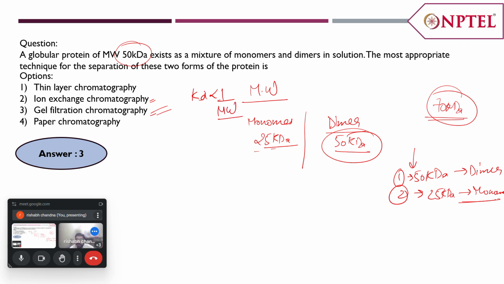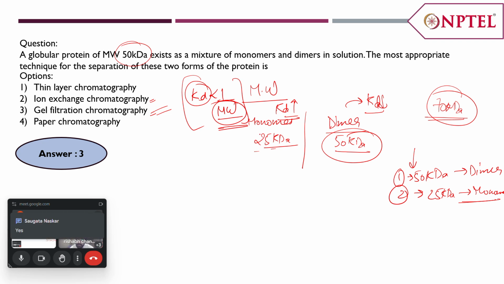So whenever the KD value is less, that means the molecular weight is more. So in that case, the KD value for the dimer would be less, and the KD value for the monomer would be more. So am I clear?